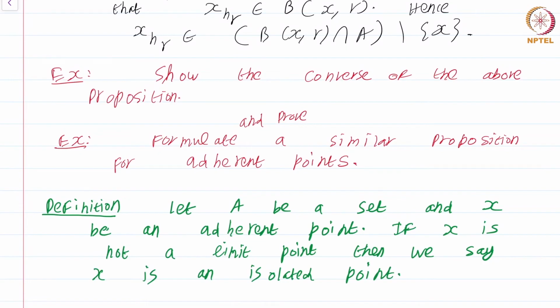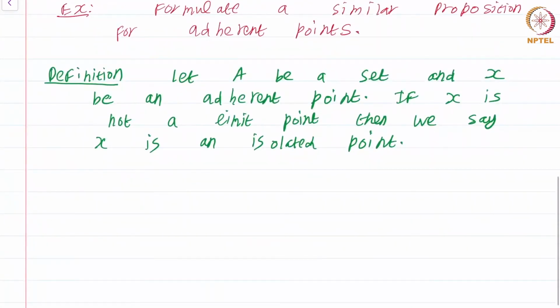So, an isolated point is an adherent point that is not a limit point. Well, how can a point be an isolated point? Well, let's look at an example. Look at again the real line and look at this set. I'm just taking an open set (a, b). Then I'm taking another point c somewhere far away.